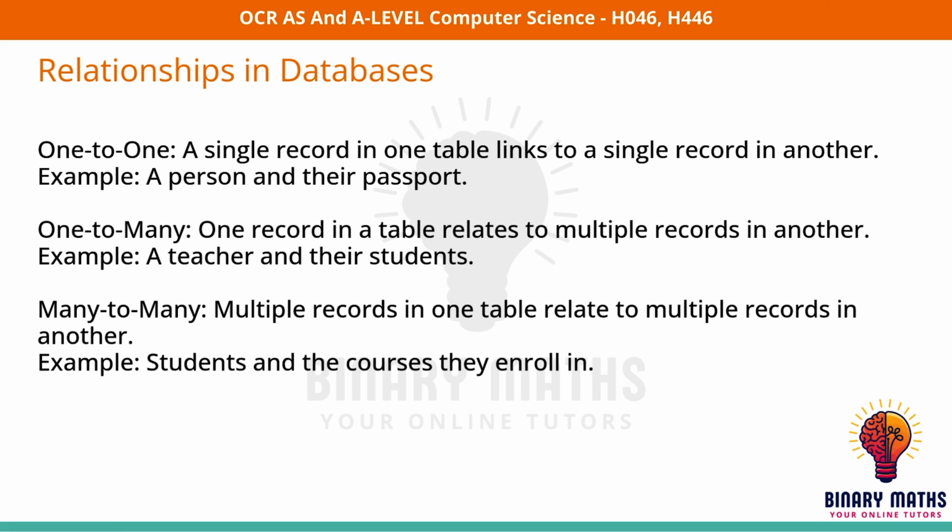For example, a teacher and their students. Many to many: multiple records in one table relate to multiple records in another. For example, students and the courses they enroll in. Understanding these relationships is essential for designing efficient and effective databases.